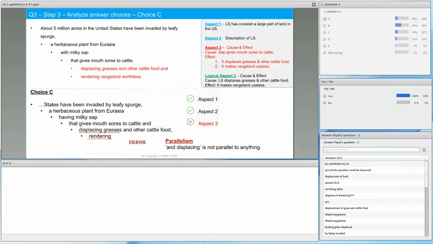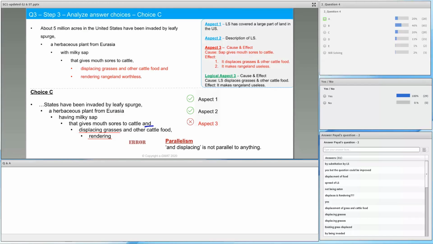Choice C is saying leafy spurge has invaded whatever a herbaceous plant from Eurasia having milky sap that gives mouth sores to cattle. So this is fine. Milky sap gives mouth sore or leafy spurge gives mouth sore. It's the same thing because leafy spurge contains milky sap.